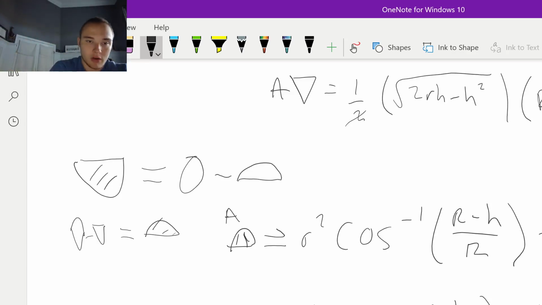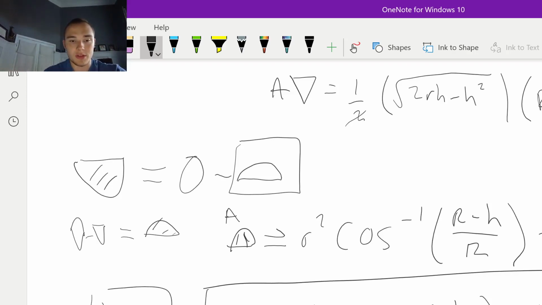So this will be our cross-sectional area of this piece right here, and this is the part of the log that sticks up above the water level. So now when we subtract pi r squared from this entire equation, this will give us the cross-sectional area under the water level, which we are trying to find.